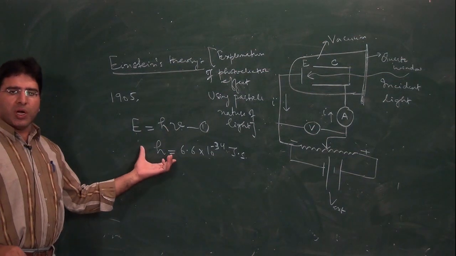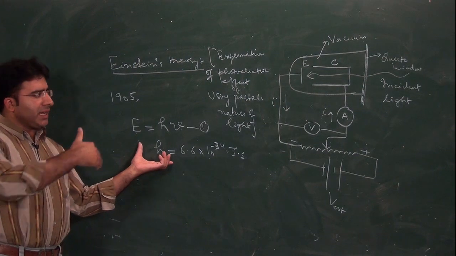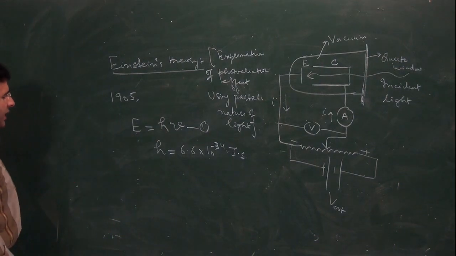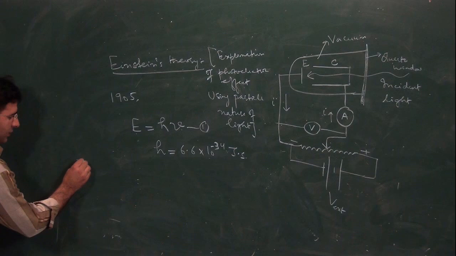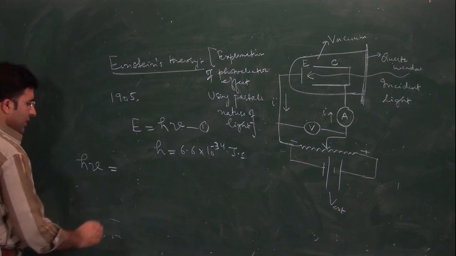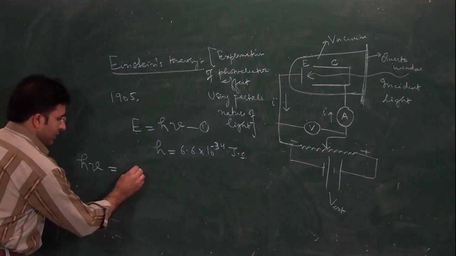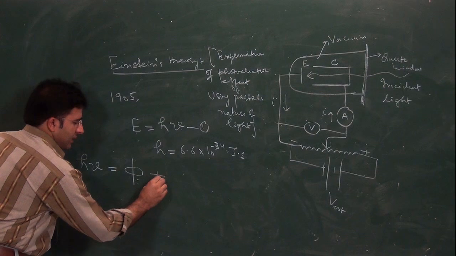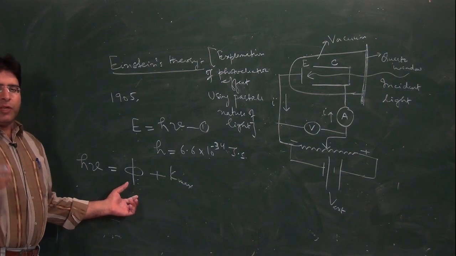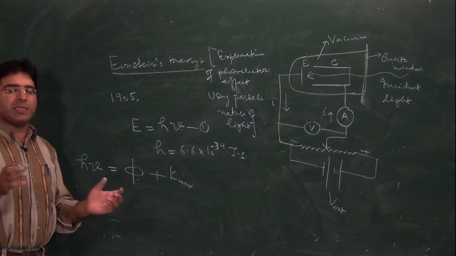Now, how did he solve the problem of frequency and intensity which arises when we try to explain it using wave theory? He said, if h nu is the energy of the photon, when it strikes the metal surface, it will be used in two things. One is phi, second is K max. What is this phi? When the photon strikes the metal surface, the electron present in the metal surface is bound.